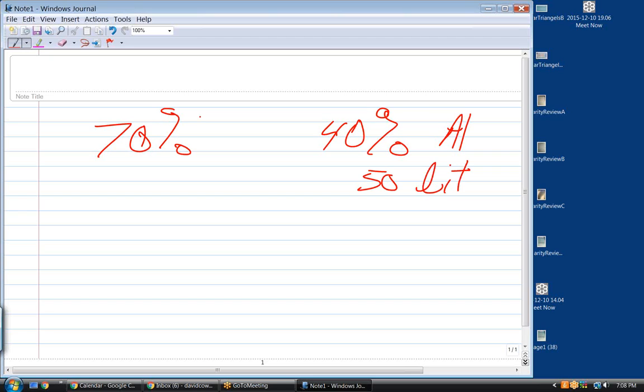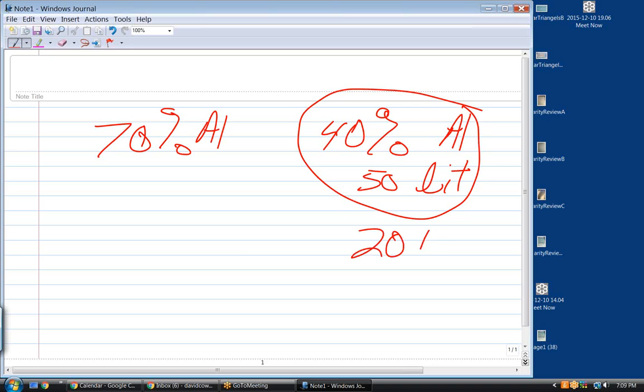And we have a 70% alcohol solution that we're going to add to this in order to make it a 50% solution? Yes. Okay. The way I like to treat all of this is let's find out how much alcohol is in that. Well, 0.4 times 50. So there is 20 liters of pure alcohol in that solution out of 50.